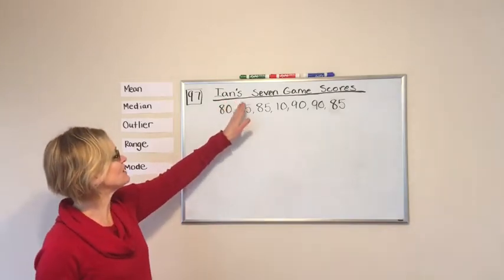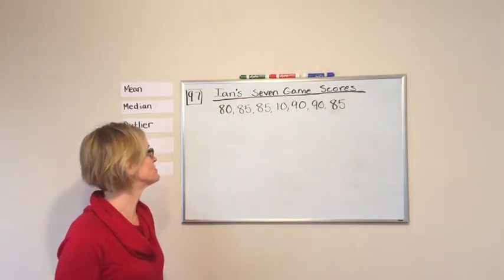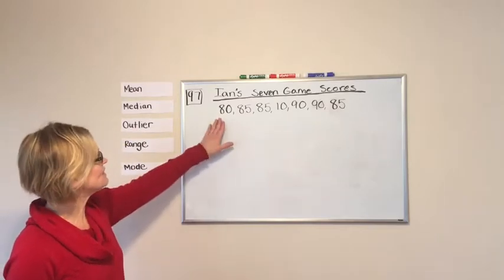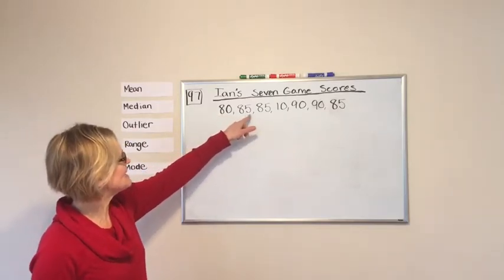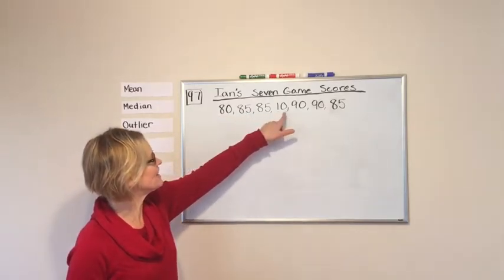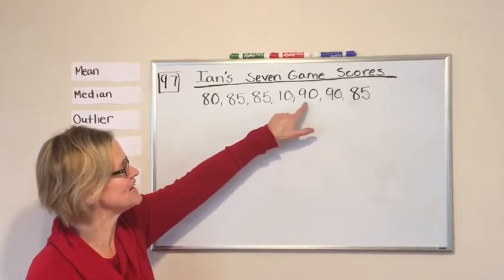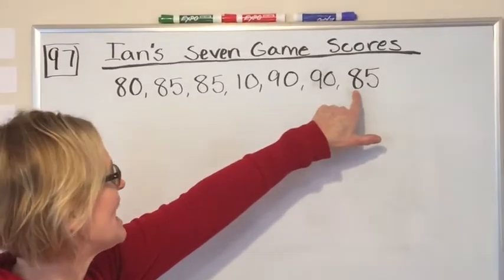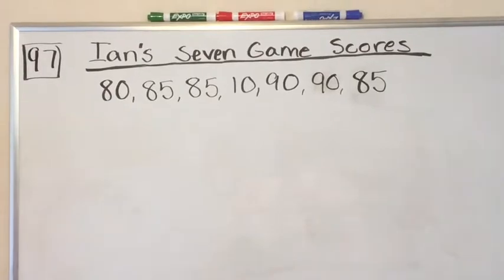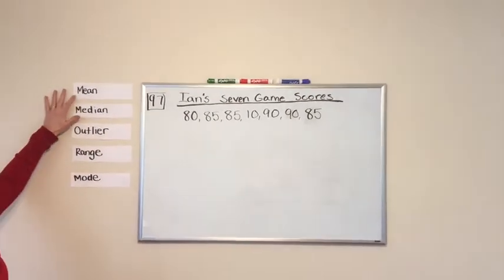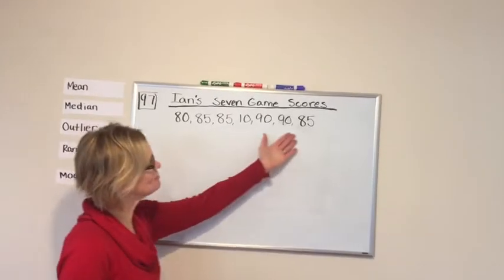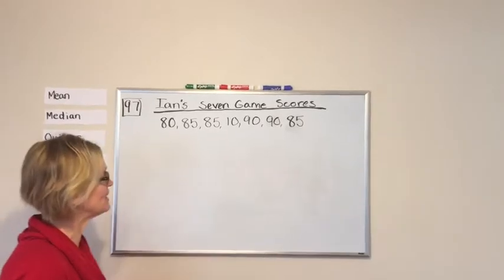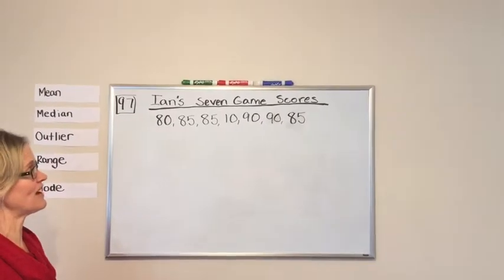And we're going to look at his 7 game scores. If we look at the scores, he has 80, 85, 85, 10, must not have done well that day, 90, 90, and 85. In order for us to find the mean, we need to add these numbers together and divide it by the number of numbers provided.